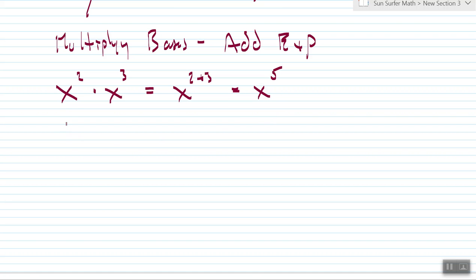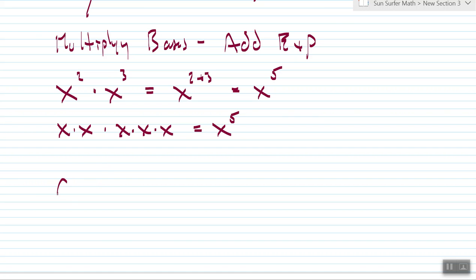And the reason for this is x squared is really x times x, and that's being multiplied by x cubed, which is really x times x times x. So when we're multiplying all these x's together, how many x's do we really have? We have 5 of them, so we would write it as x to the 5th. But the shortcut is, if the bases are the same, we simply add the exponents.